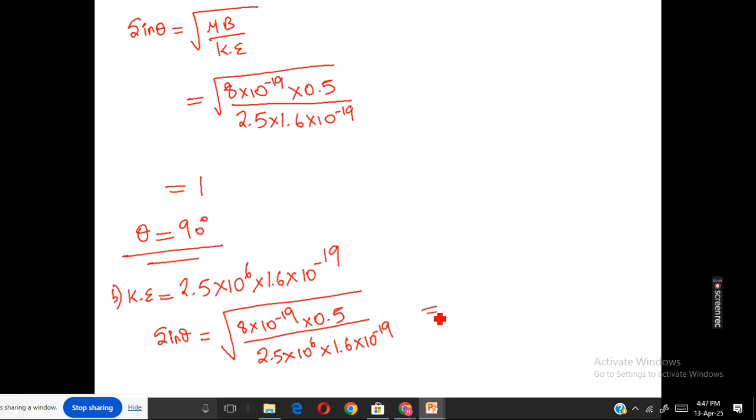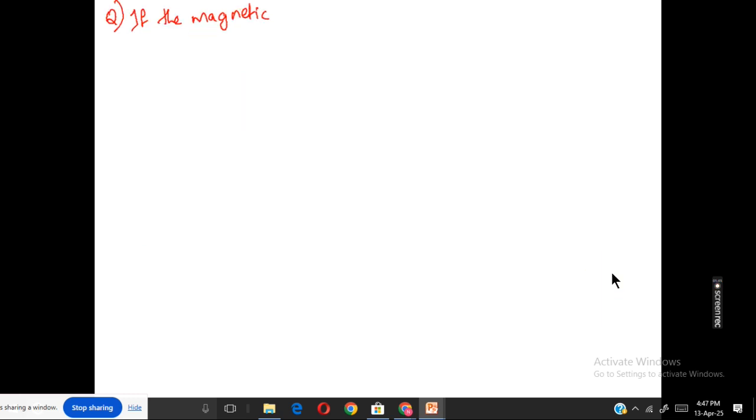In this case, the value of theta will be about 10 raised to minus 3. Theta is very small. That is the second case.